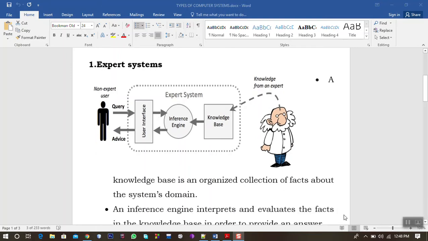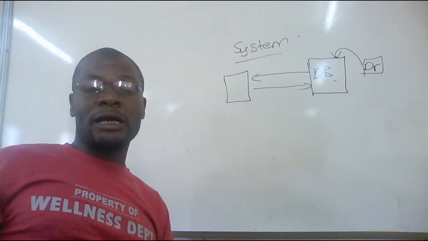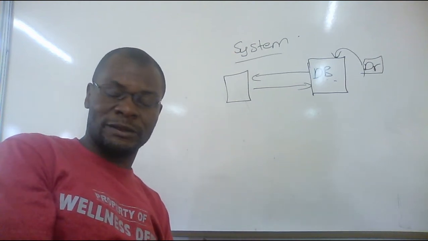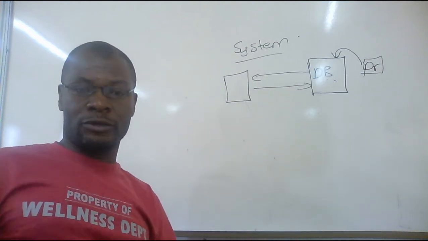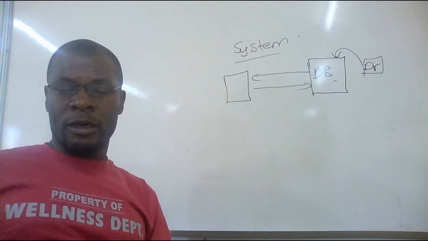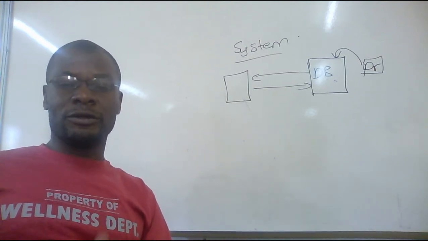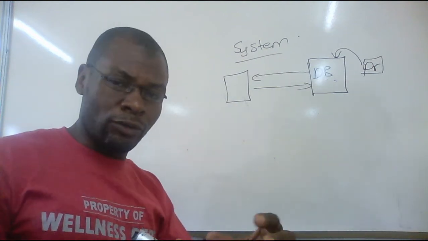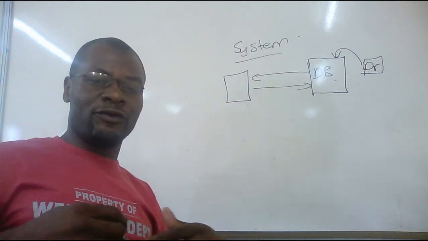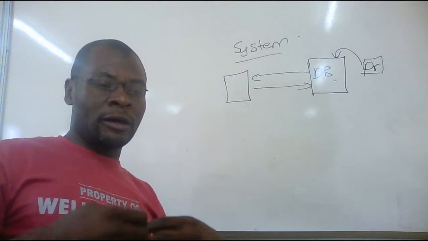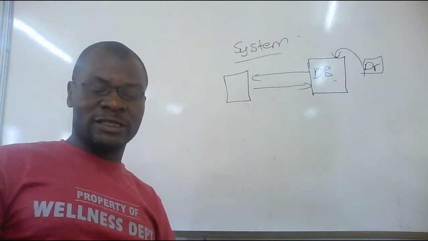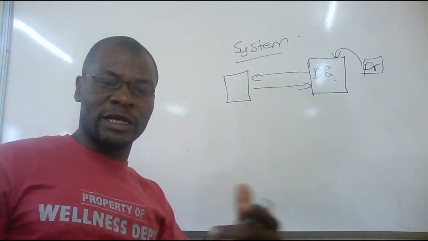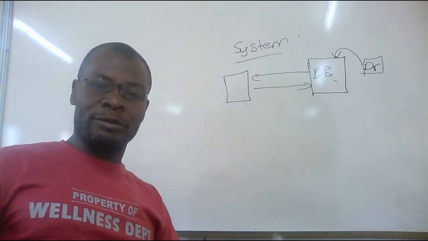So by definition, we can just say that an expert system is a system that imitates a human expert. It's not like the computer knows all about medicine. The person who knows about medicine is the doctor, and the knowledge of the doctor is what we have put in the system. Then you, as a user, have an ailment that you're suffering from, so you come to the system to consult it, and it gives you the desired medication.